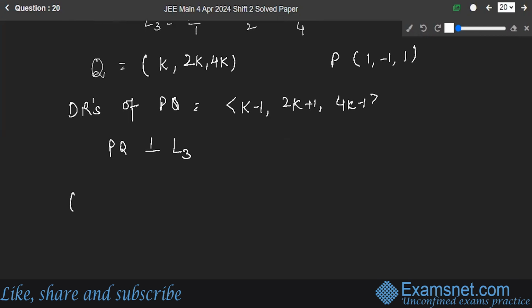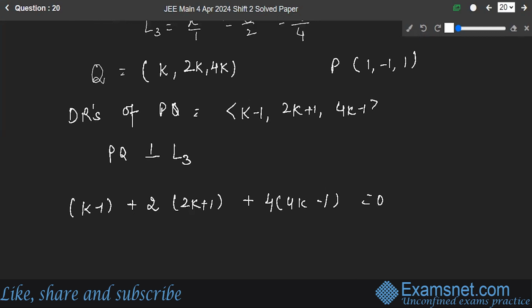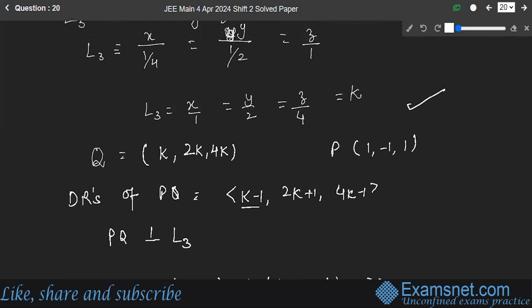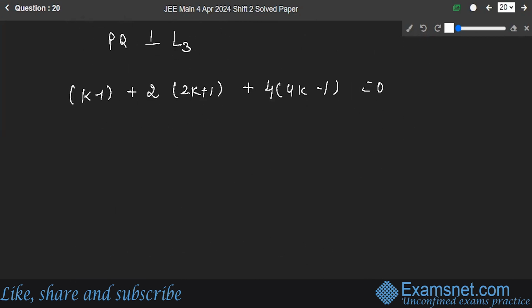So you have k minus 1 into 1, 2k plus 1 into 2, 4k minus 1 into 4, is equal to 0. See, this was a 1. Right. So this gives me 4k plus 2, 16k minus 4.